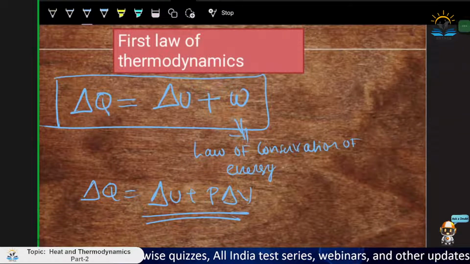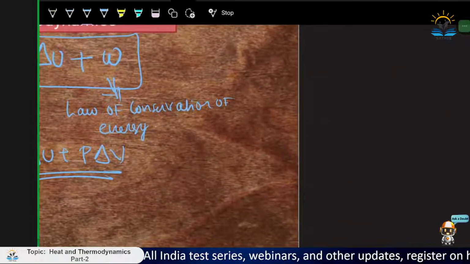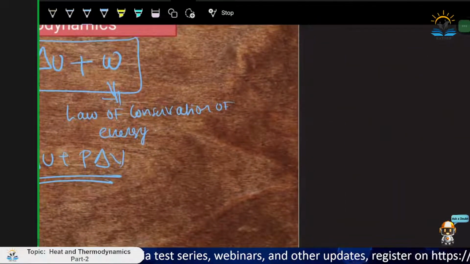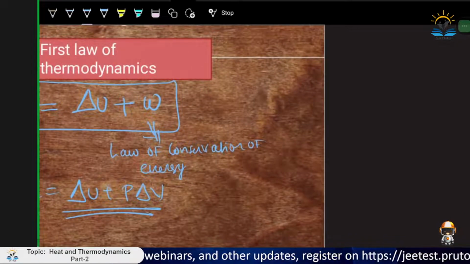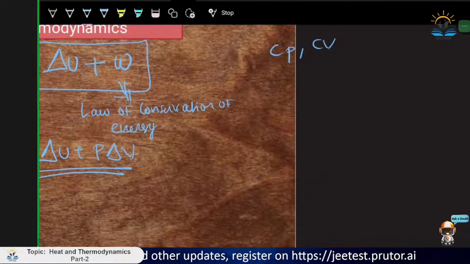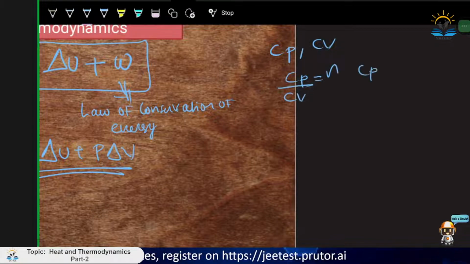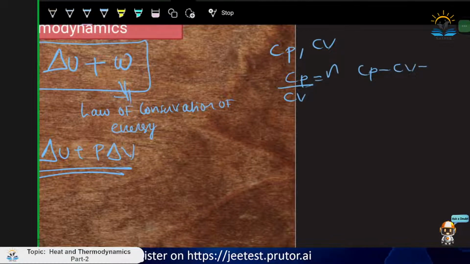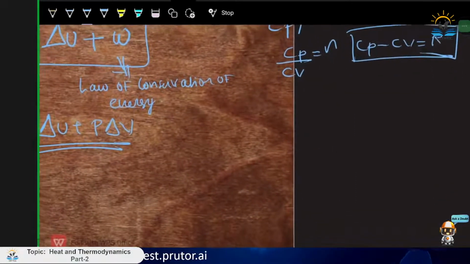In the previous many classes, I already told what Cp, Cv and all are. Cp by Cv is gamma, and Cp minus Cv is R, that is Mayer's formula.